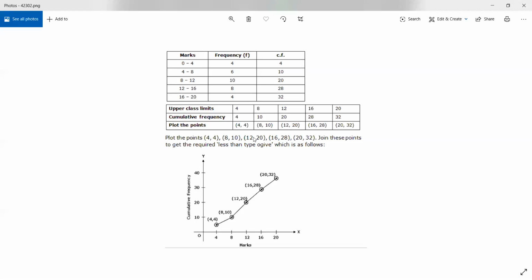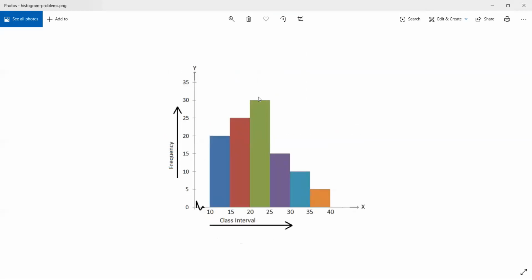Now, the next type of plot that you have is called a cumulative plot, the cumulative frequency plot. For this I'll show you the example itself so that it is easier to understand. Cumulative frequency means you are accumulating the frequency.